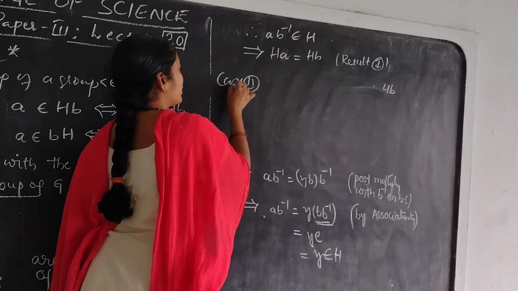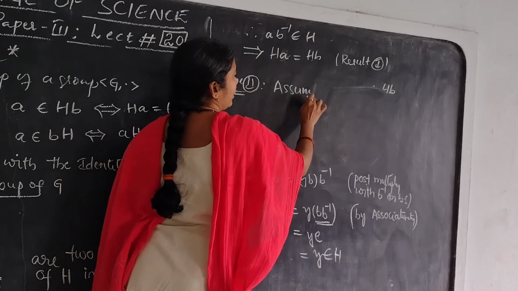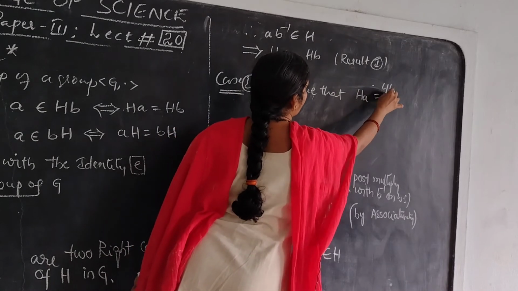Consider the second case. What is the second case assumption? Assume that the cosets are identical.